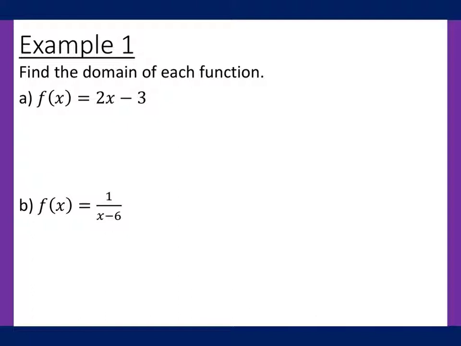On this first one, part A, you want to look at this and say, is there or is there not a fraction in it? In A, there is not a fraction, which makes the domain all real numbers. That's if we spell it out in words. We talked about interval notation with our graphs yesterday.